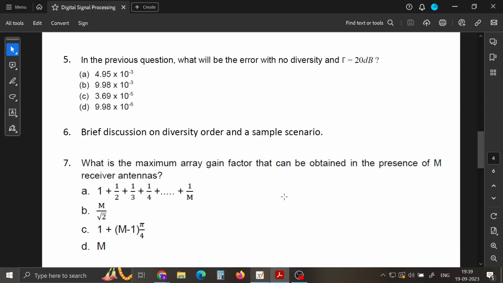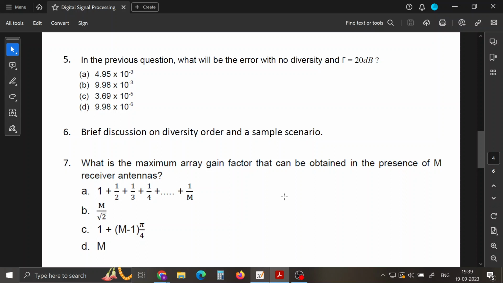MRC means you are adding all the individual average SNRs for the M antennas. So gamma diversity, or gamma MRC, would be gamma 1 plus gamma 2 plus gamma 3 and so on till gamma M, and if all of them are equal, it is simply M times gamma, right? So M is the factor of improvement; M times gamma divided by gamma will give you M. That's the best array gain that you can obtain using MRC.